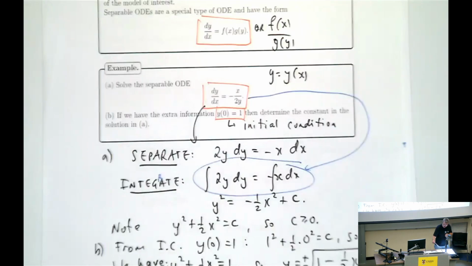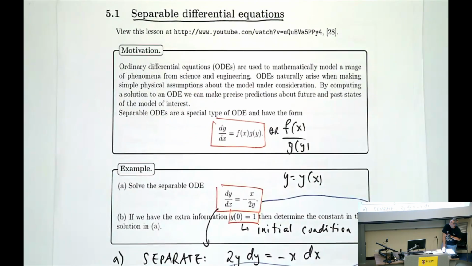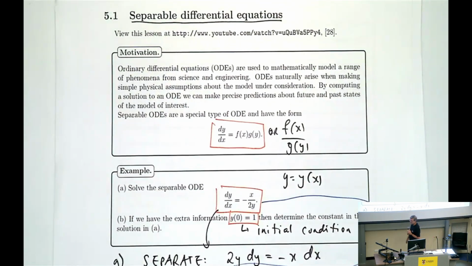Okay, so I showed you one example on Friday, and it was called a separable differential equation. I think they're probably the entry level for a first lecture in differential equations. We use the word separable because it has to do with the method of solution.